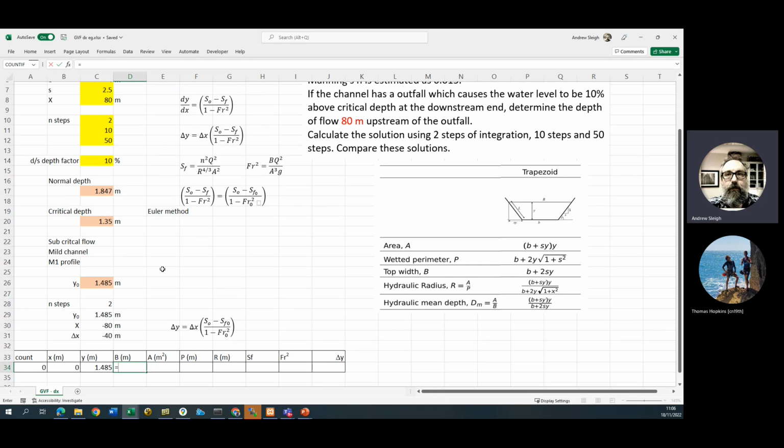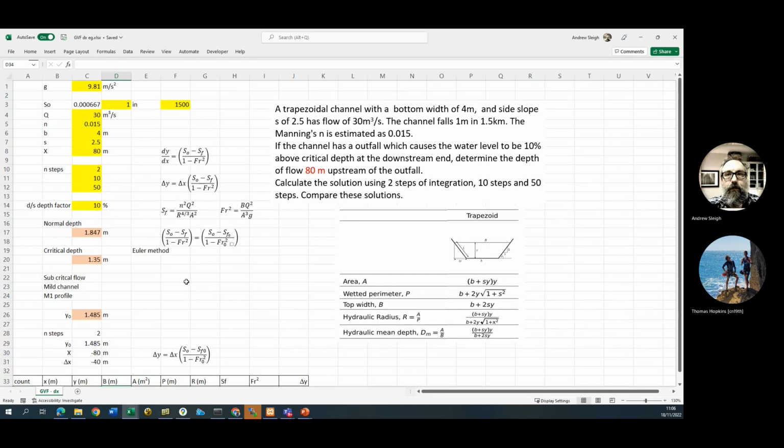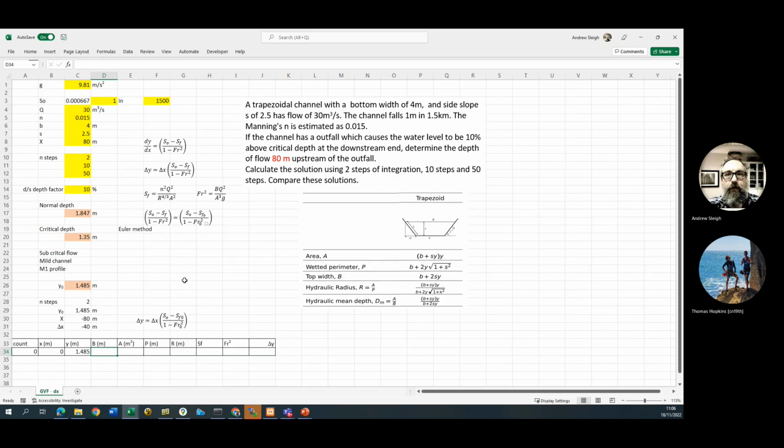Let me reduce the screen size slightly and we'll get everything on here. So equal to B, the bed width, which we need to F4 to get our dollars, a fixed value, plus 2 times the side slope, F4 of that, times our current value of y.